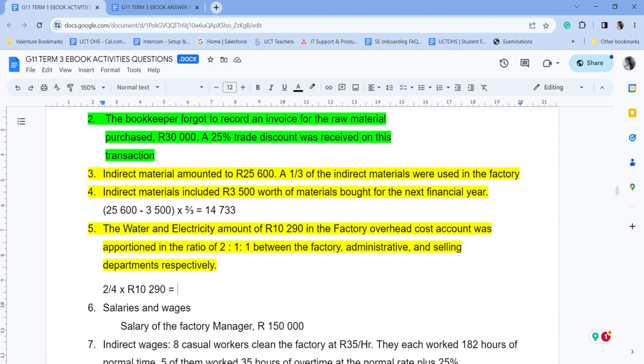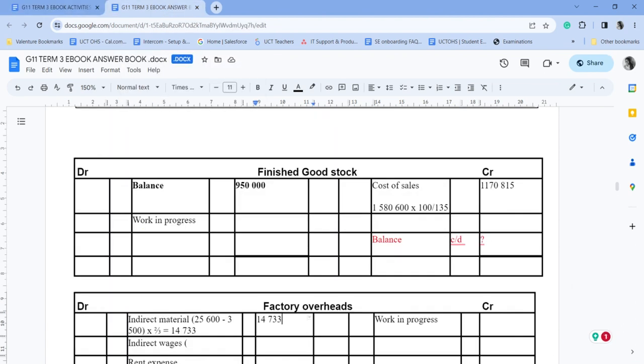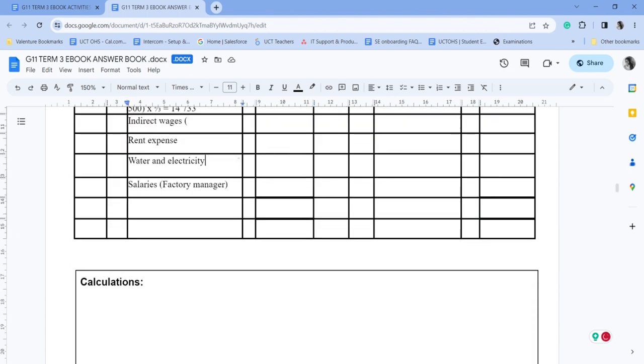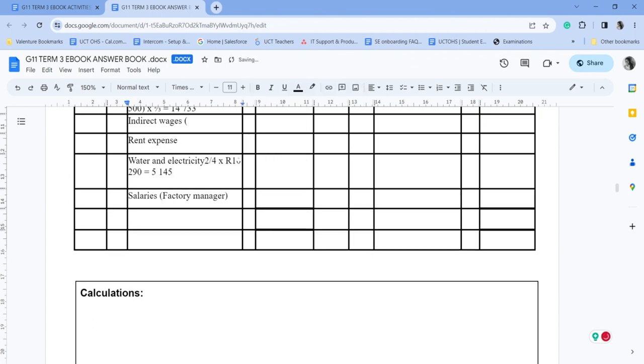So times 2 divided by 4, which gives me 5,145. So I'm going to take this and put it there as part of my workings. Copy. Water and electricity here. So I'm going to put it here as my workings. Paste without formatting. Then 5,145. Okay, put them in brackets.